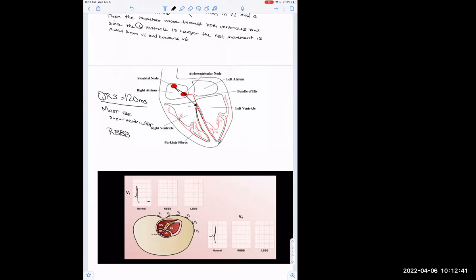In a right bundle branch block, our right bundle branch is blocked. We have a block there.